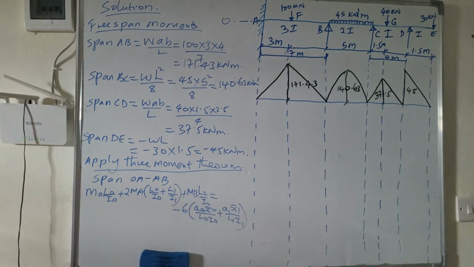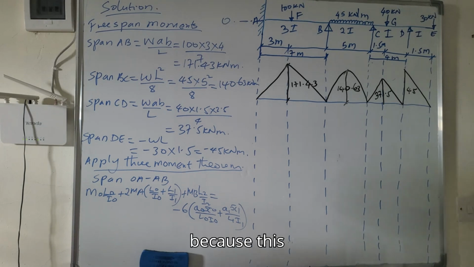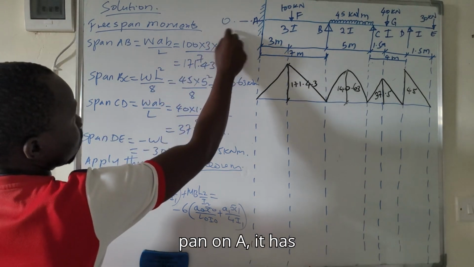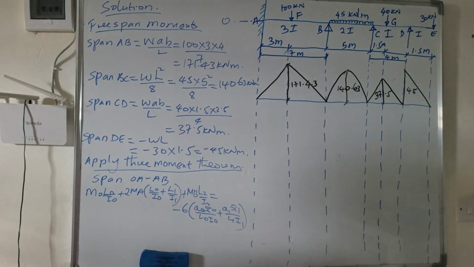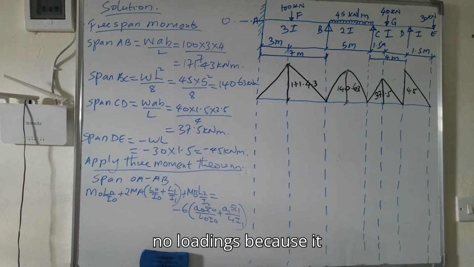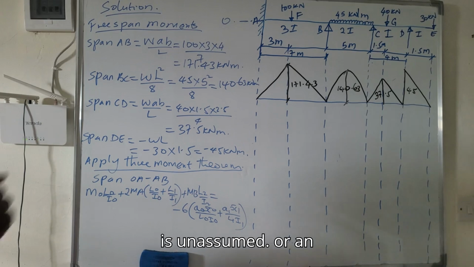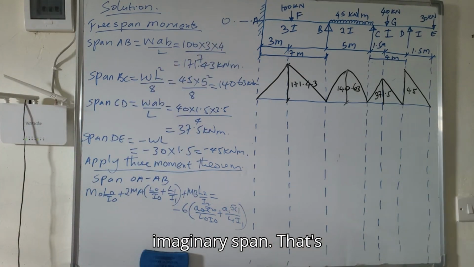So why are we using L_0 I_0 and A_0 x bar_0? It is because this span OA has no loadings, since it is an assumed or imaginary span. That's all. Let's proceed.